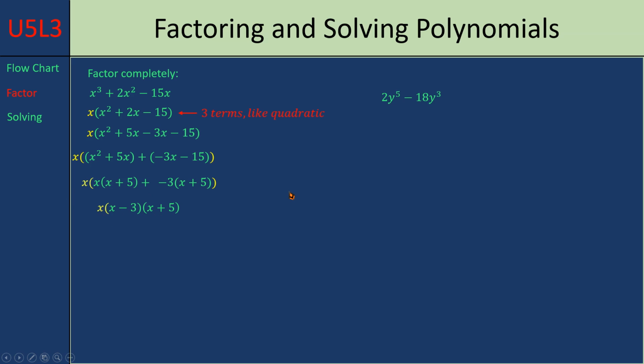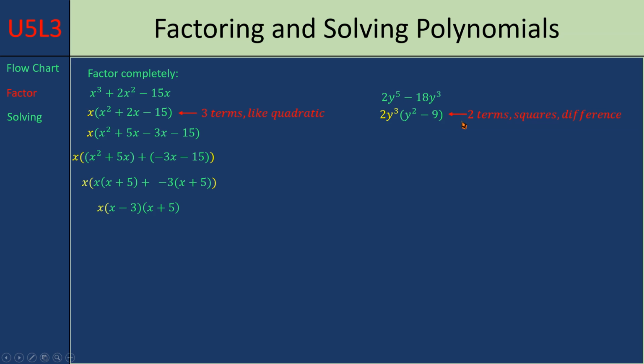How about this one here? First step, GCF. I take out 2y cubed. So I have y squared minus 9. So this is your GCF. It stays there. What's left? Is it 2 terms, 3 terms, or 4 terms? It's 2 terms, and they are squares, not cubes, and they're a difference.